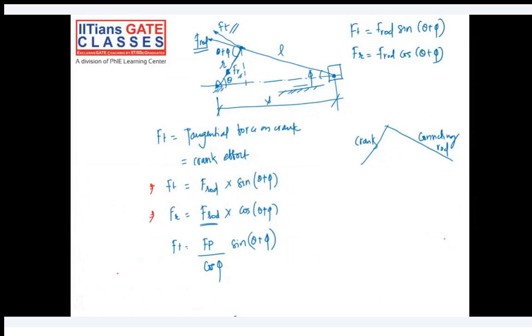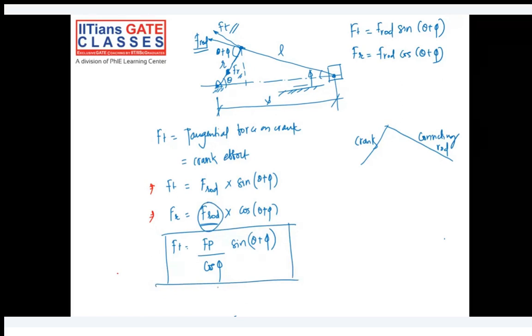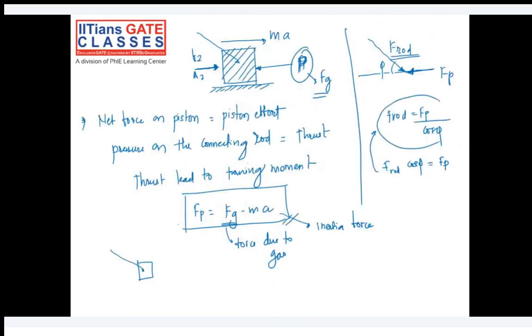We have written F rod in terms of Fp, so F rod is Fp by cos of phi. So the tangential force acting at the connection between the connecting rod and crank will be Fp by cos of phi into sine of theta plus phi. I'm using equation 1 and putting in the value of F rod from the previous slide.